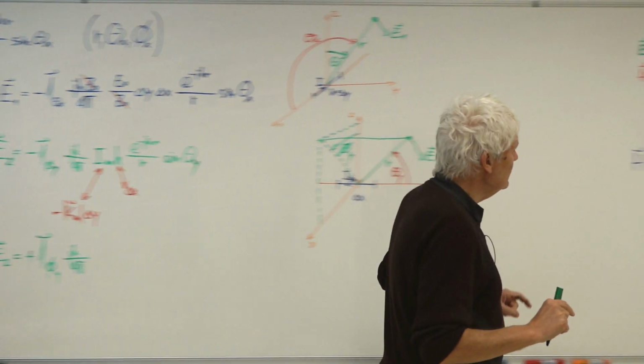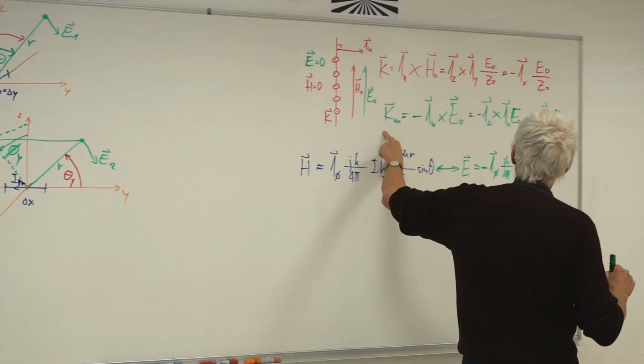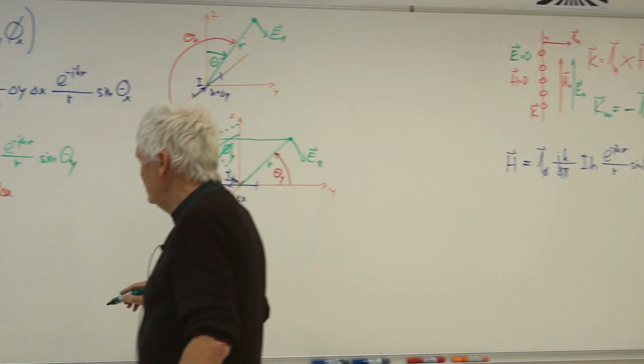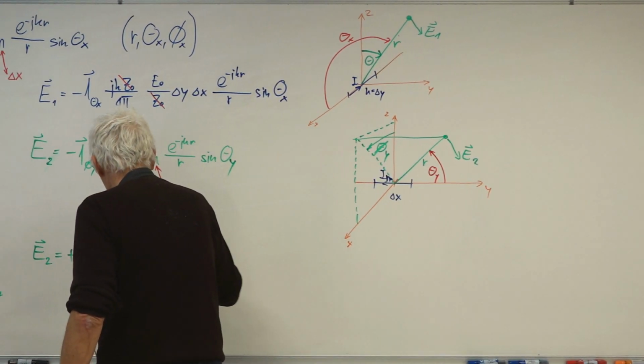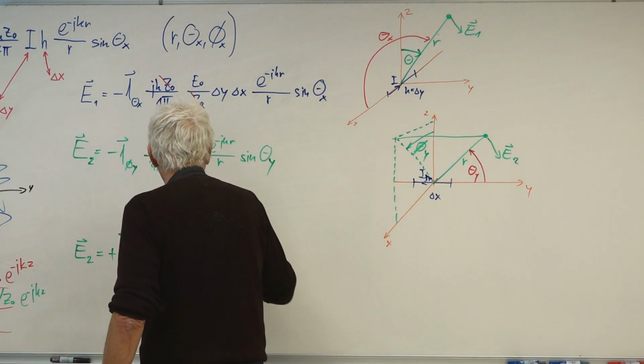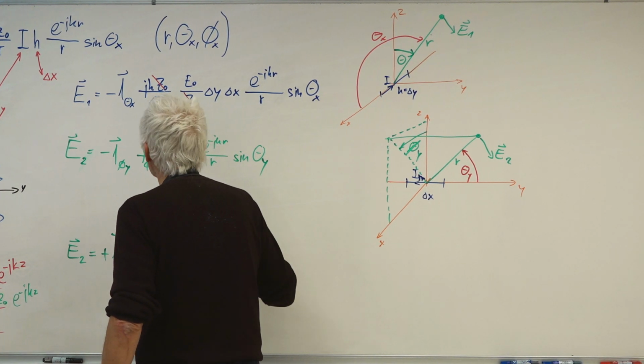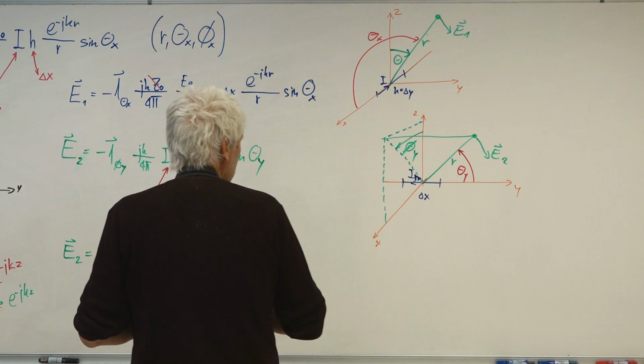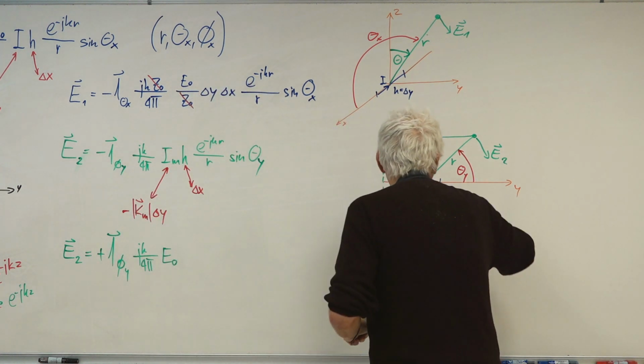K magnetic, I can express it is exactly equal to E0, E0 without the absolute sign. Delta y, delta x. Oh, sorry. No, delta y here.